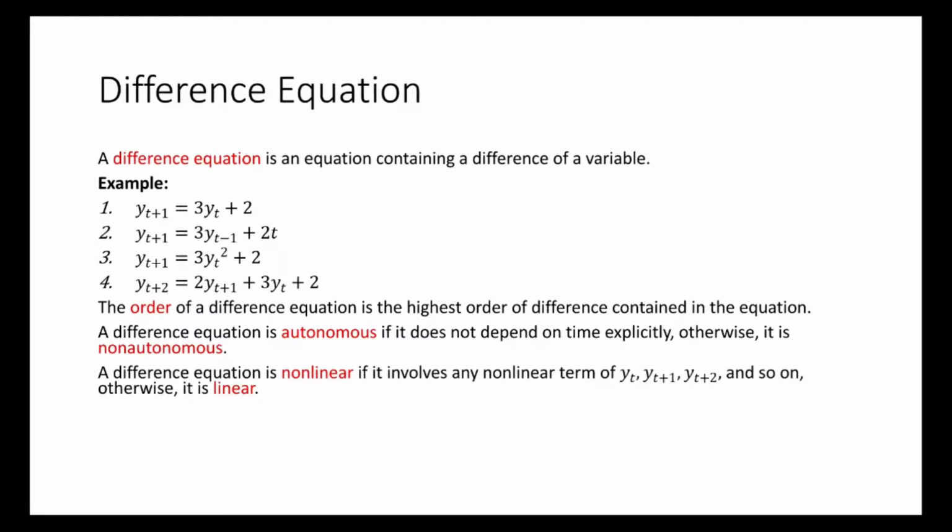Again, if we see these four examples, which one involves a nonlinear term of yt plus 1 and so on? You can see only the third one, because we have a square of yt. This is not a linear term of yt, so this one is a nonlinear difference equation. The others are, of course, linear equations.